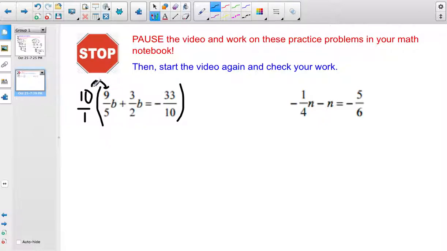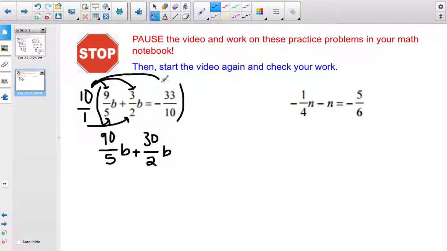We're going to do 10 times 9, which is 90, and 1 times 5, which is 5. And we're going to keep the b with it. We're going to do 10 times 3, which is 30, and 1 times 2, which is 2. There's a plus sign between them and a b afterwards.